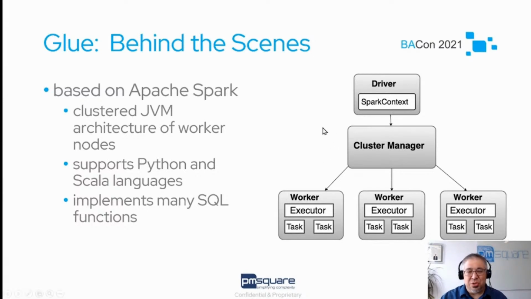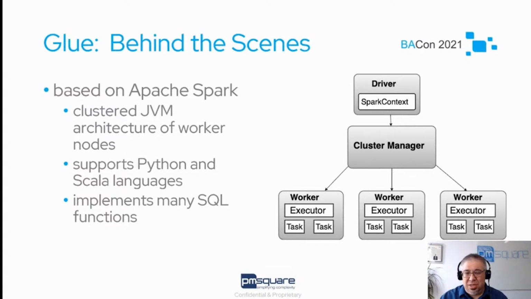Spark supports the Python and Scala languages and has a library that understands a subset of SQL functions. The Spark Cluster Manager receives requests from the Spark driver containing data and either Python or Scala code.